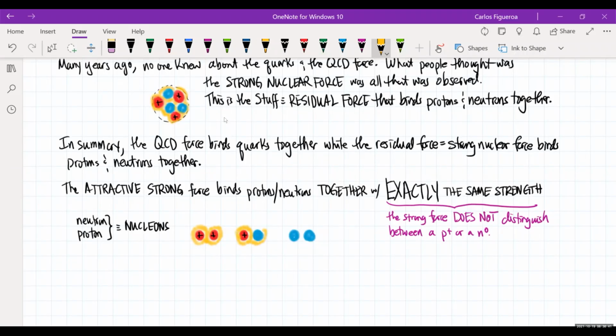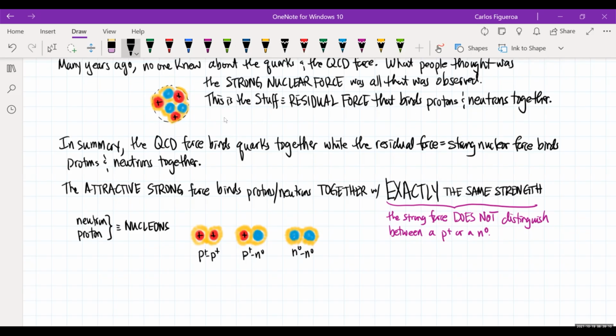And they bind and they have the exact same strong force, which is amazing when you think about that. So what does it do? It binds proton to proton. It binds proton to neutron. It binds neutron to neutron with exactly the same strength.